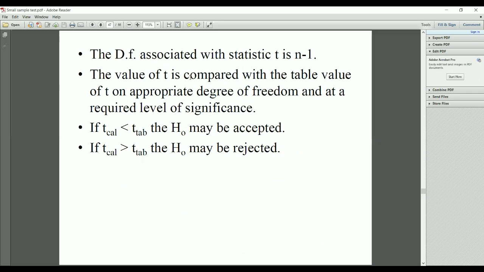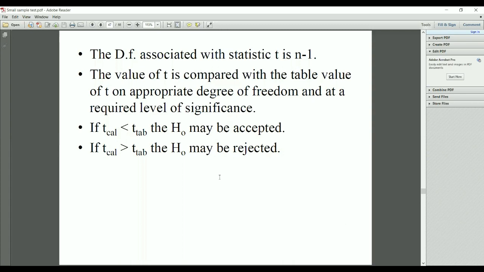The value of t is compared with the table value at the given degrees of freedom and the required level of significance. Generally we consider the 5% level of significance. What is that? The error term is 5% or 1%.